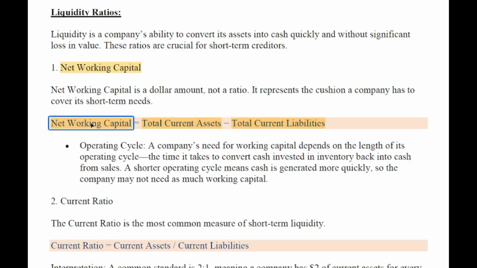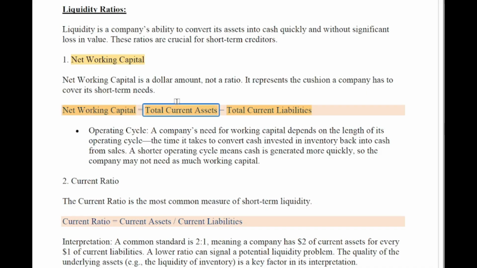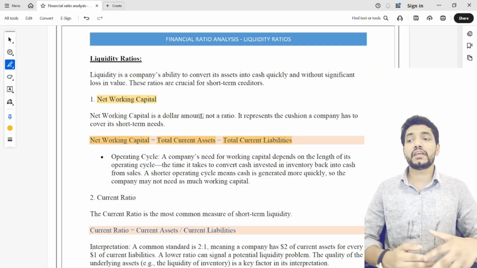This is the total investment by a company to manage its short-term obligations. If a company has some current assets, the firm should invest in them, so to calculate the net investment required, you subtract current liabilities from current assets. That will be your net investment in working capital.